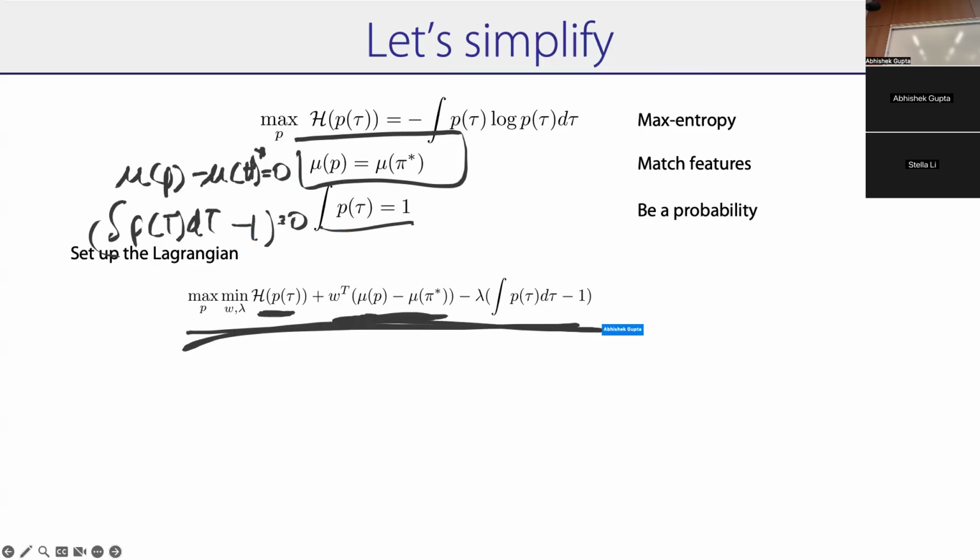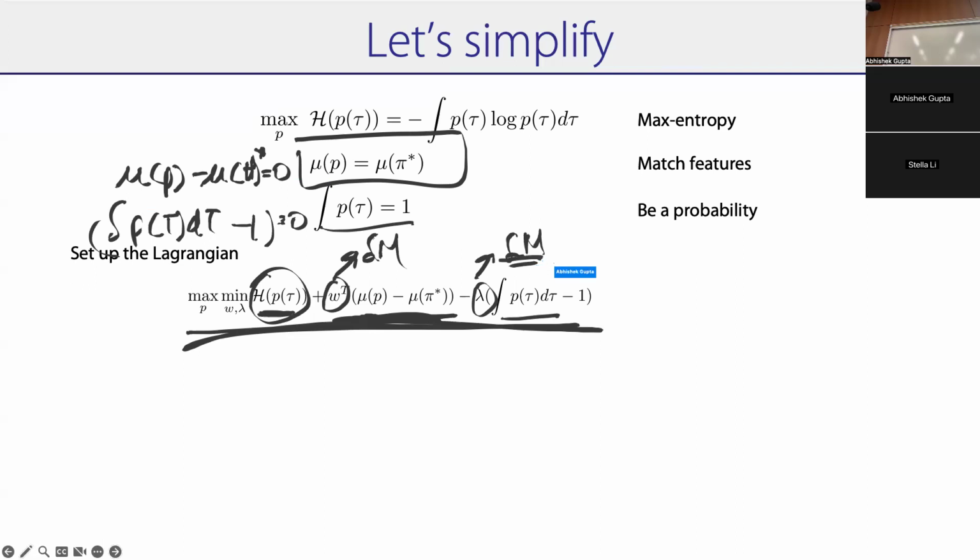And so you can rewrite this objective as a max min, where you maximize entropy with the W transpose mu of P minus mu of pi star term, where W is what you call your Lagrange multiplier, minus a lambda times integral of P of tau d tau minus 1, where this is also a Lagrange multiplier.